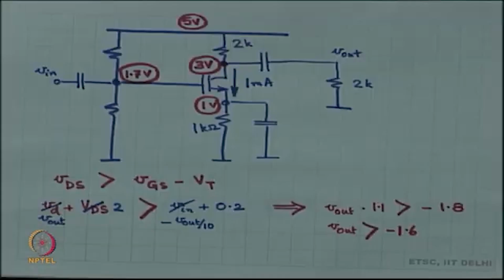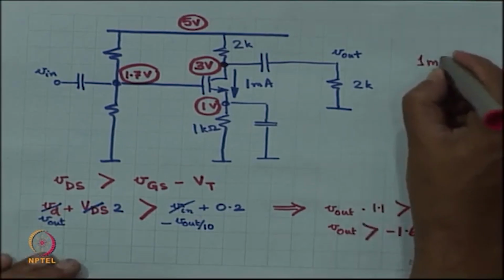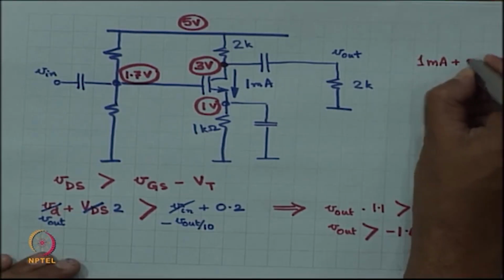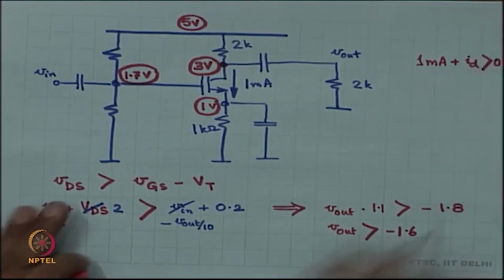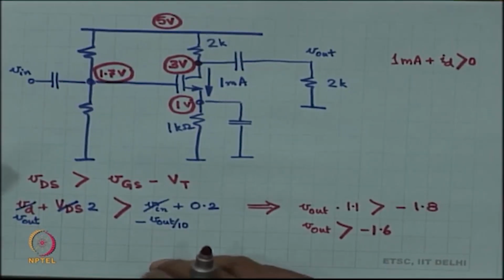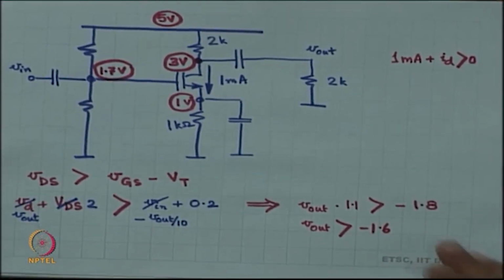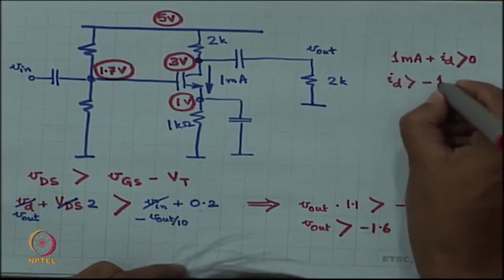So, the current through the MOSFET is 1 milliampere, that is capital ID plus small id, that is the current through the MOSFET. This has to be more than 0 at all times, which means small id has a minimum, right.